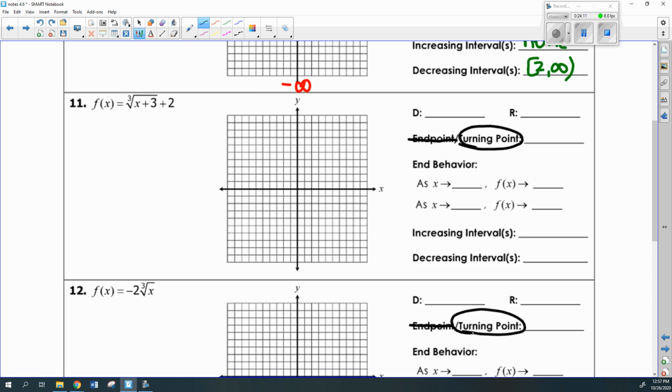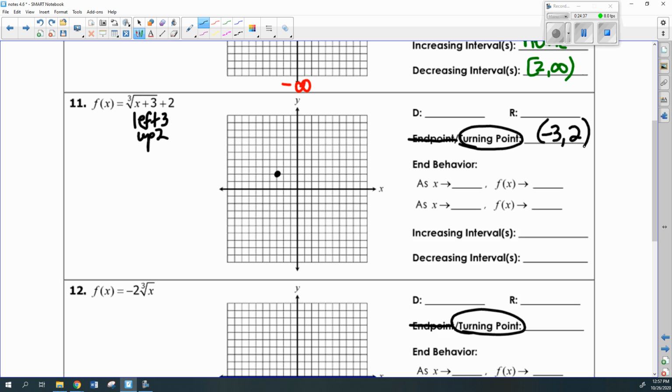I'm going to use the transformations to help me. This transformation would actually be left 3, up 2. Again, if you're not sure, type it in Desmos. A little gray dot should show up on the turning point that you can click on. If I go left 3 and up 2, I'm at the ordered pair -3, 2. So that's my turning point.